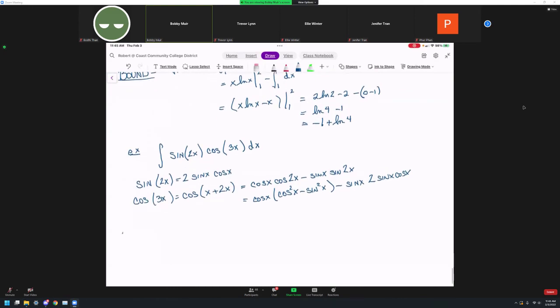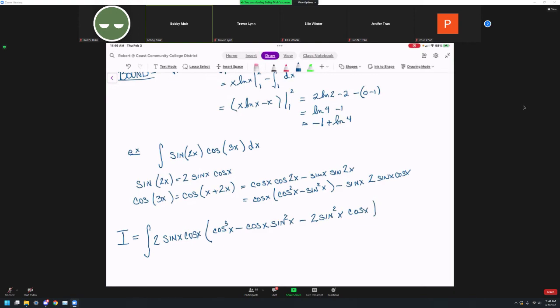So our integral ends up being 2 sine x cosine x times the quantity cosine cubed x minus cosine x sine squared x minus 2 sine squared x cosine x.